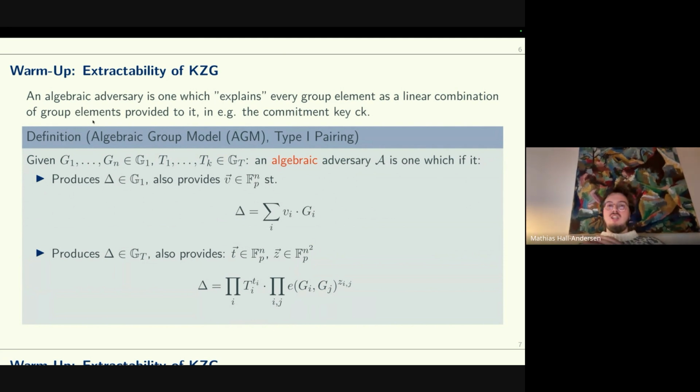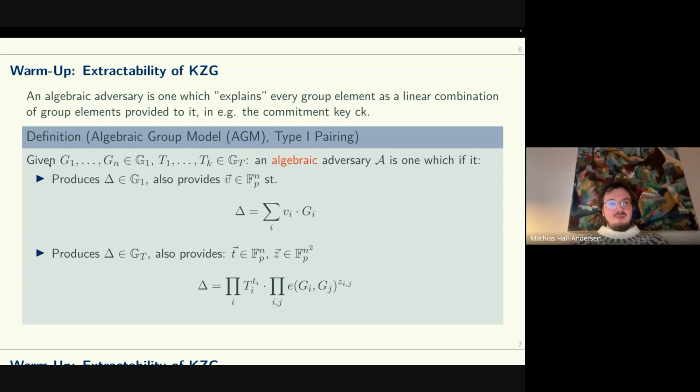So he gives me some element delta, but then he also gives me a vector of scalars such that when I take the group elements that I gave to him and compute the combination with these scalars, I get delta. So he explains everything that he's giving to me. The intuition is that he's an adversary that can only do naive things. The only thing he can really do is compute sums of group elements, raise them to scalars. In some versions of the model, he can ask for a totally random group element. He will get that.